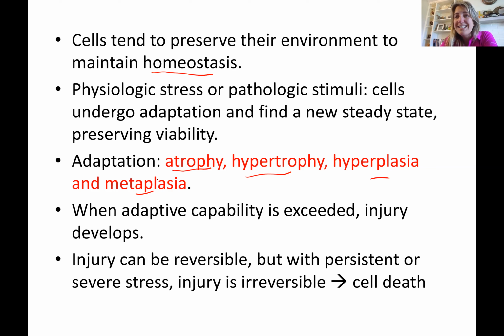And then we have metaplasia. And metaplasia is a change in cell type, okay? So a change in cell type to try to preserve. The best example that I have is cells of the respiratory system. We have these cells that are ciliated cells, okay?